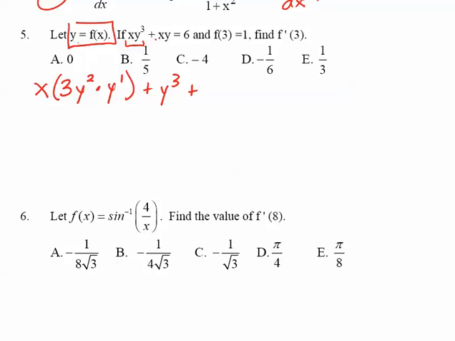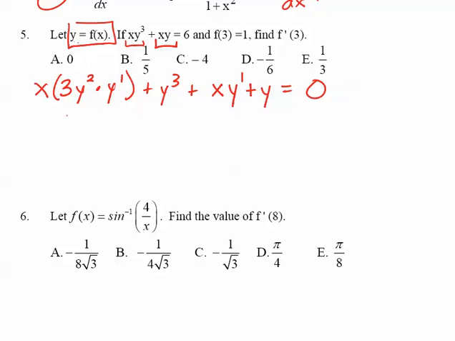And then we need another product rule on xy, so that would be the first term x times the derivative of y plus y times the derivative of x, which would just be 1. And on the right hand side we'll have a derivative of 6, which is 0. And now we can solve this for y prime if you wish, or you could do your substitutions right away.